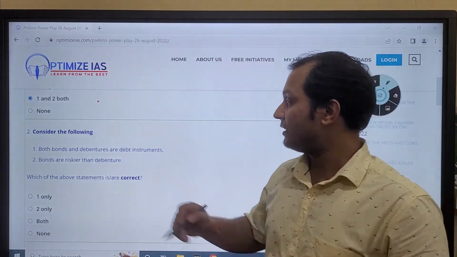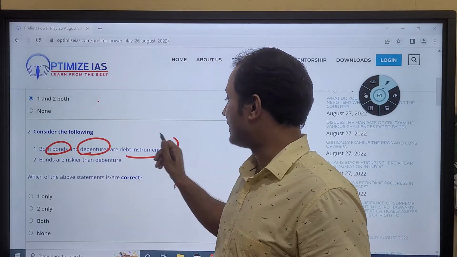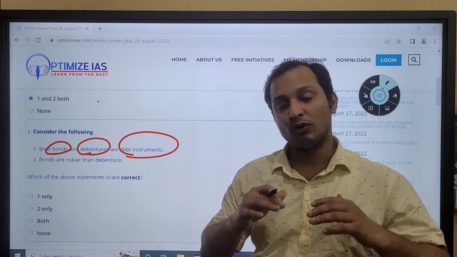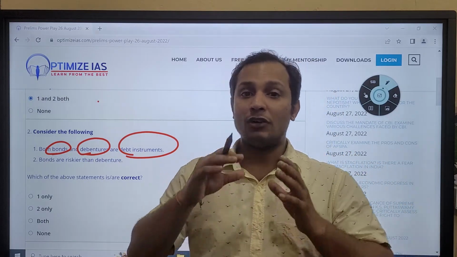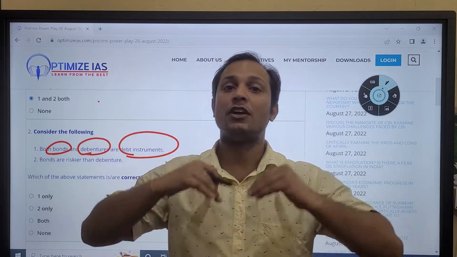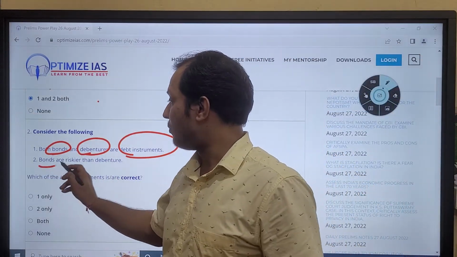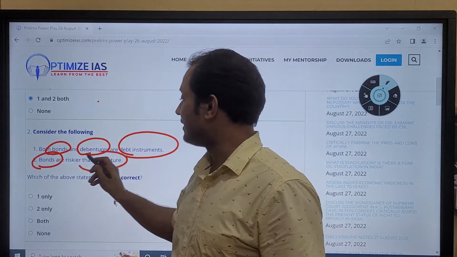You see, both bonds and debentures are debt instruments. Both are long-term debt instruments which are used by companies to raise long-term capital. The second statement says that bonds are riskier than debentures.